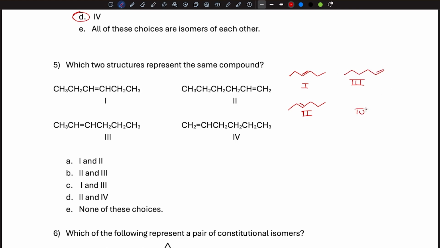And structure 4 is going to have a double bond on the first carbon. Now, apologies, I numbered the structures wrong. Had to switch 2 and 3. But what you're realizing here is that this structure is really the same as structure 4 if I were to just flip the molecule around. And so I can say that structure 2 and structure 4 are really the same compound.